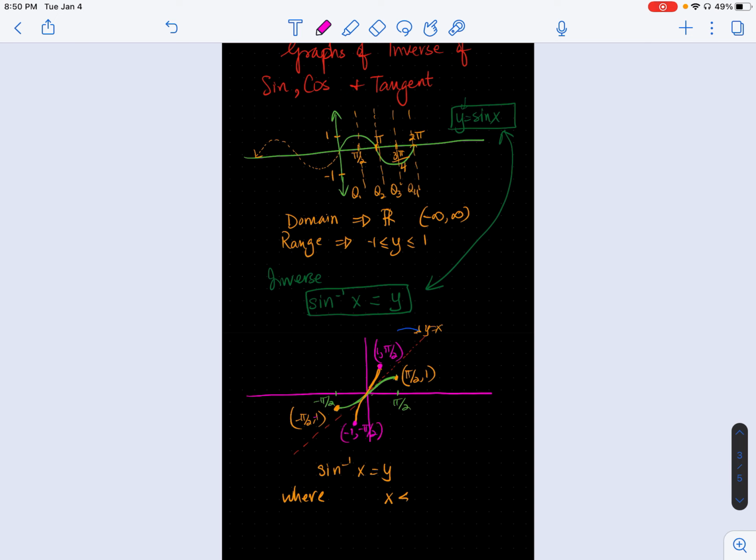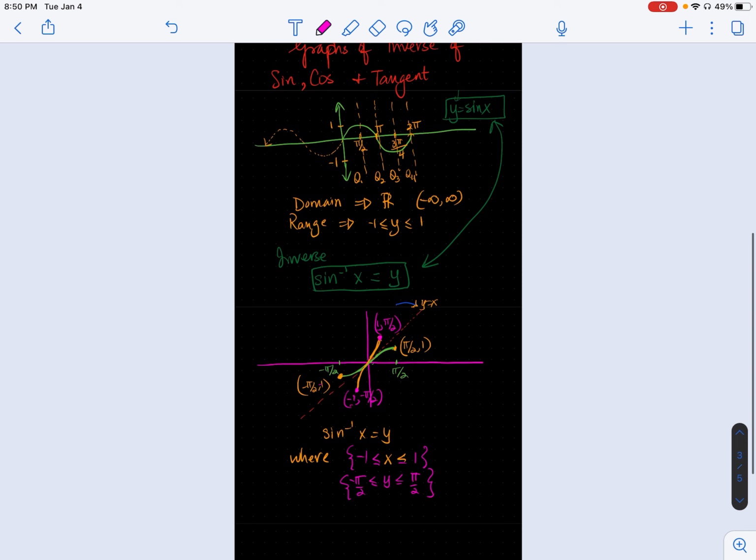So now if I were to follow the restrictions here, x is restricted between negative 1 and 1, and y is restricted between negative pi over 2 and pi over 2. These restrictions are very interesting, the domain and range.